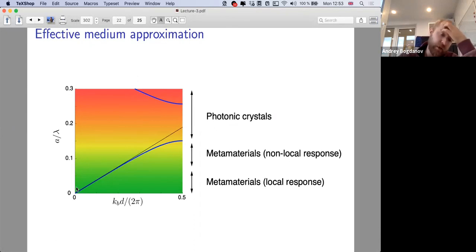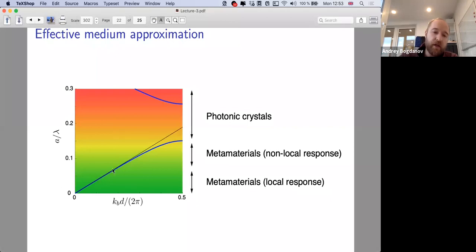We can describe our multilayer structure like an effective medium, like a metamaterial, and introduce effective parameters. Effectively, my multilayer structure behaves like a uniaxial crystal, and we found the expressions for the ordinary and extraordinary permittivity.